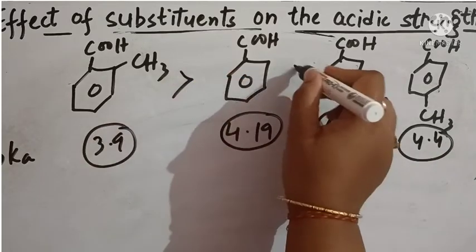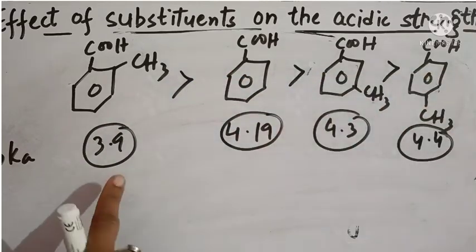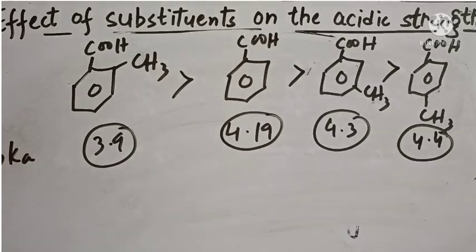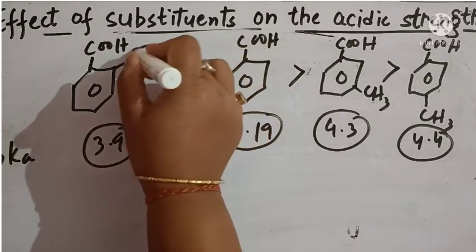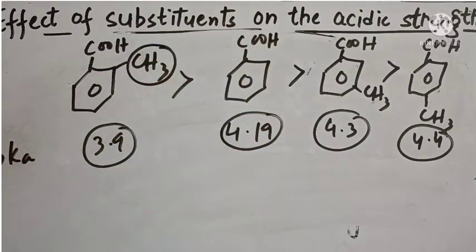So the acidic strength of the orthotoluic acid is quite a bit greater than that of the benzoic acid, irrespective, as I said, of the electron withdrawing or donating group, because of the ortho effect. It increases the acidic strength. Okay, so just keep that in mind.